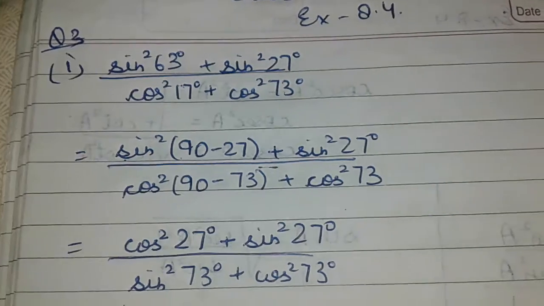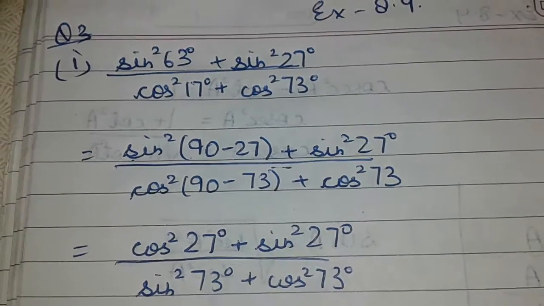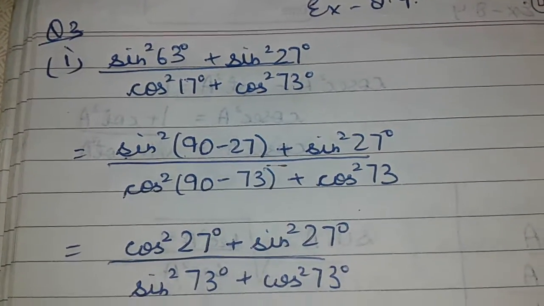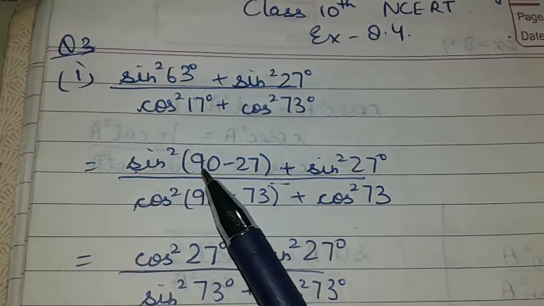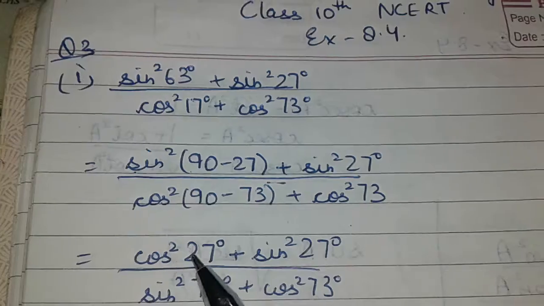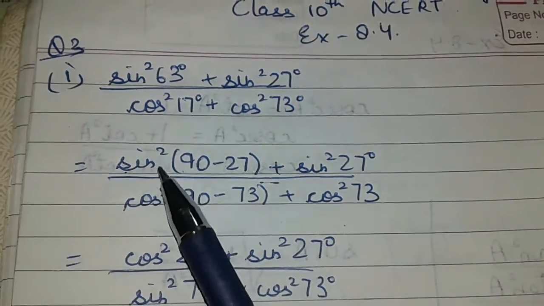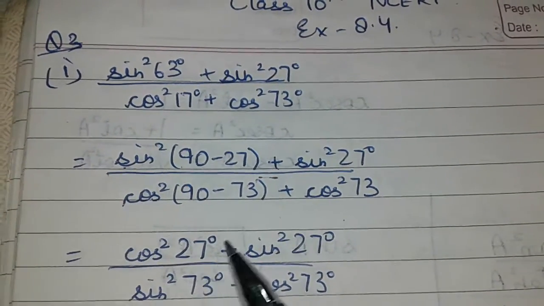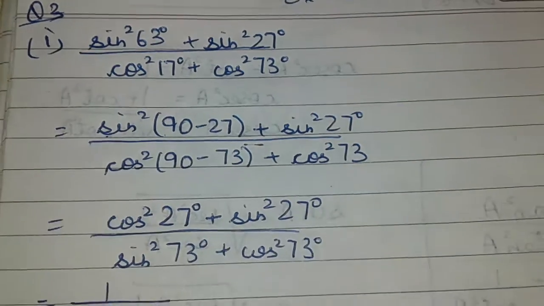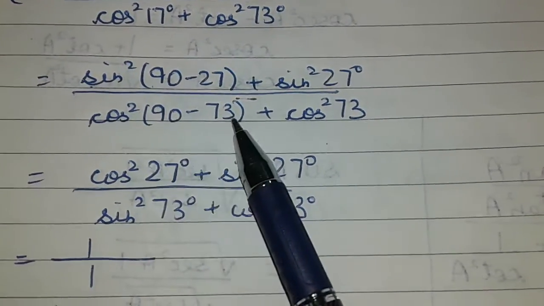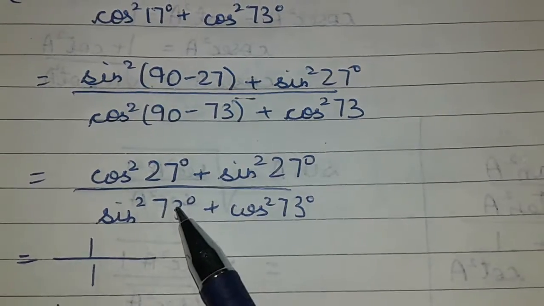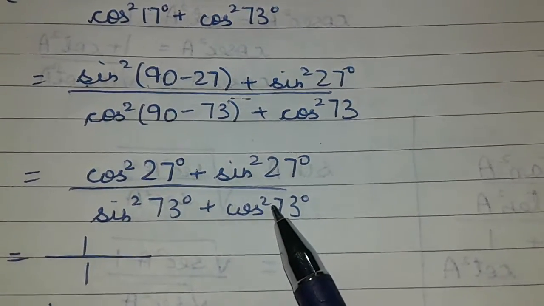In my previous video, I had told you some trigonometric formulas. One of the formulas was sin (90 minus A) is equal to cos A. Now this sin (90 minus A) can be written as cos A, and as here it is square, it will become cos square 27. It will remain the same, sin square 27. Again, cos square (90 minus A) will be equal to sin square A, plus cos square 73.